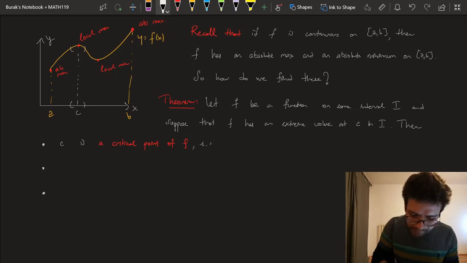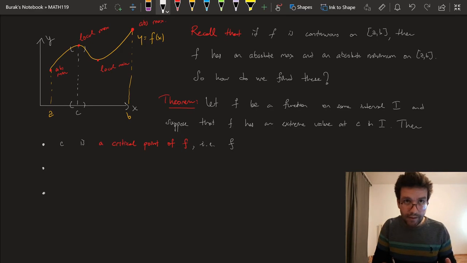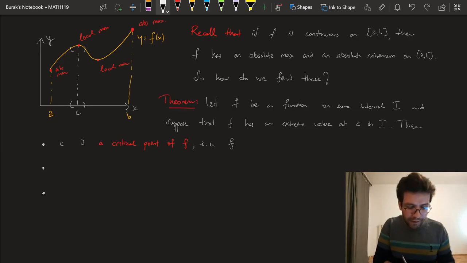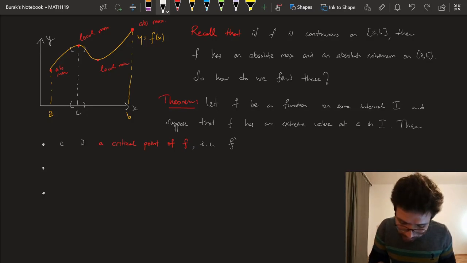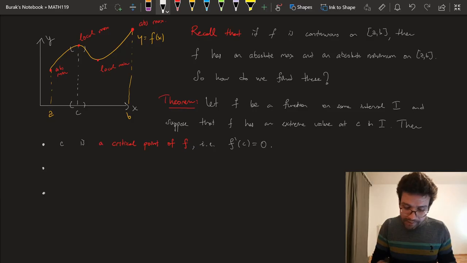What that means is this means id est. In Latin, it means that is. So when I say blah blah, that is blah blah, the second part is supposed to basically explain the first part. So C is a critical point of f. Now I'm going to define what a critical point is. A critical point of a function is a point where the derivative of that function takes the value 0. Okay. So this is the first case.